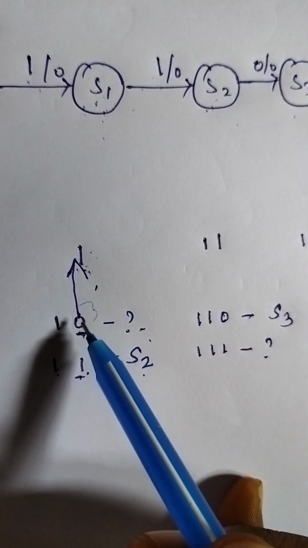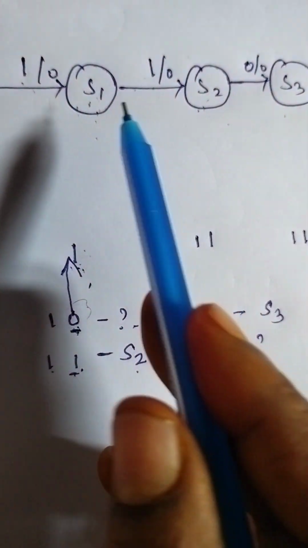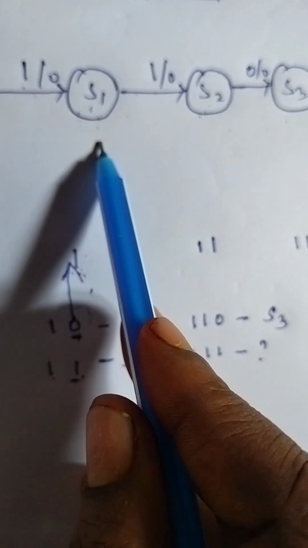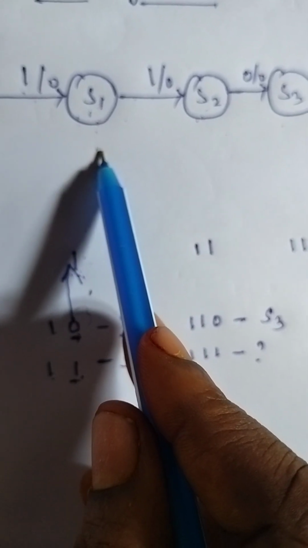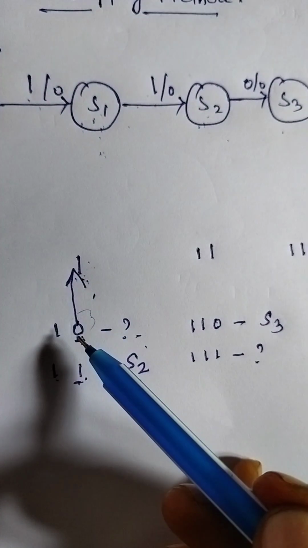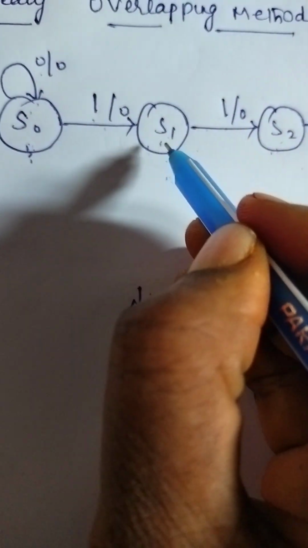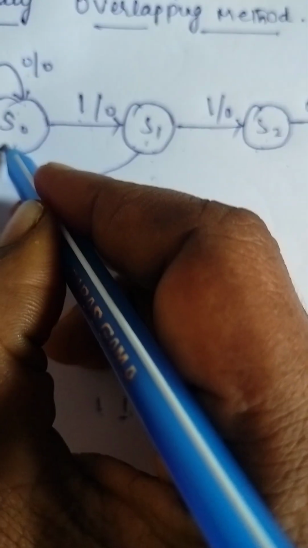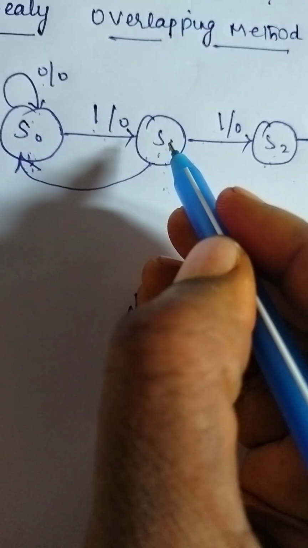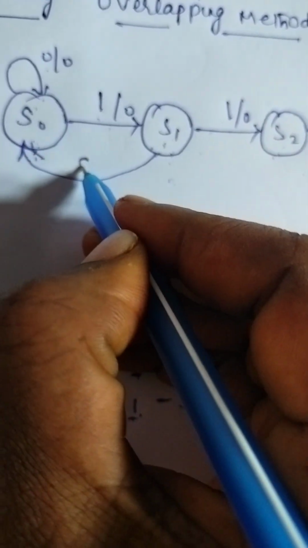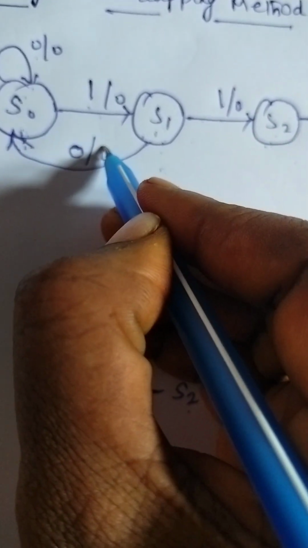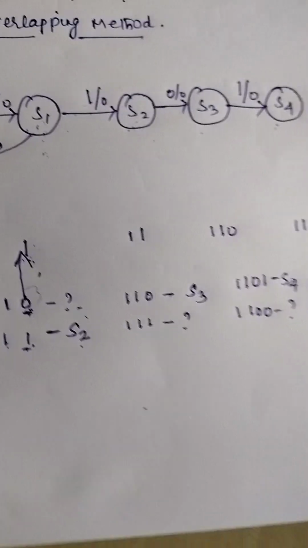If both bits are the same, it has to retain in the same state. Wherever you are staying, you retain in the same state. If both bits are not matching, you have to move to the reset state. That means when your input is 0, it moves to the reset state. So input is 0, my output is also 0.